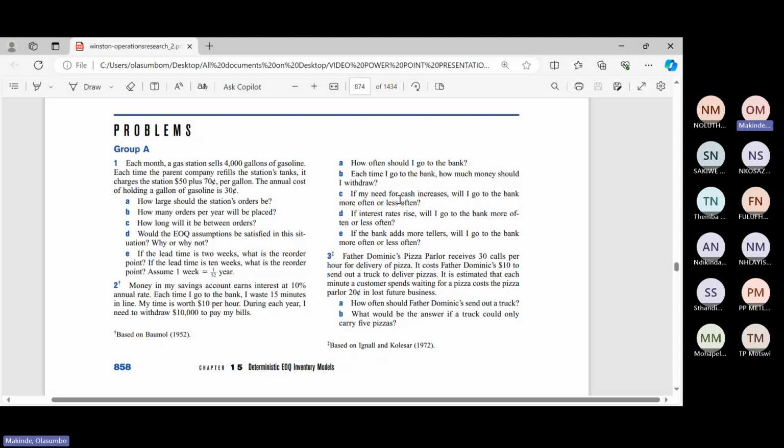They said if my need for cash increases, will I go to the bank more often or less? So how do I do that? Who has an idea? Think about that. If my need for cash increases, will I go to the bank more often or less?